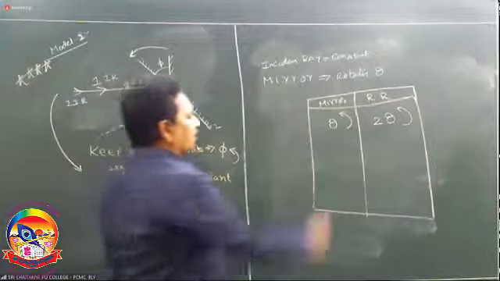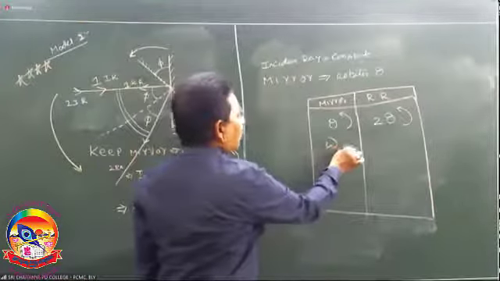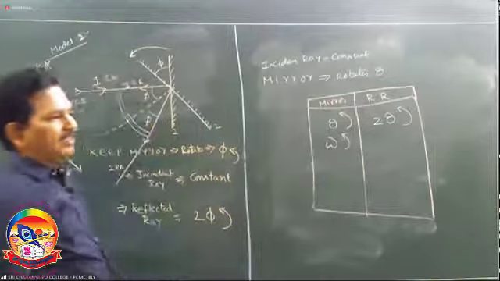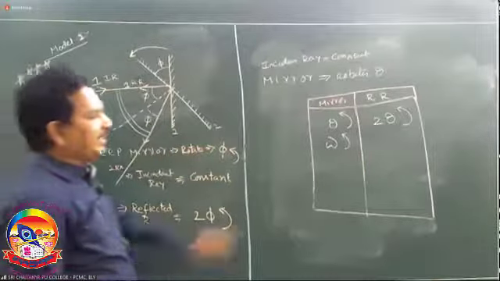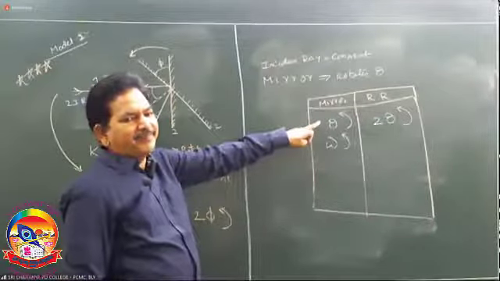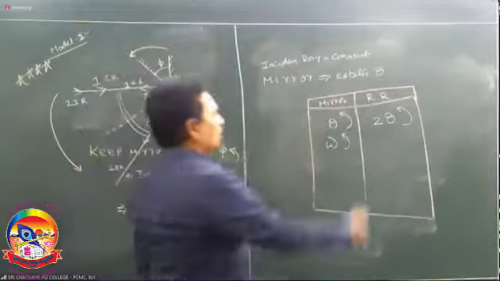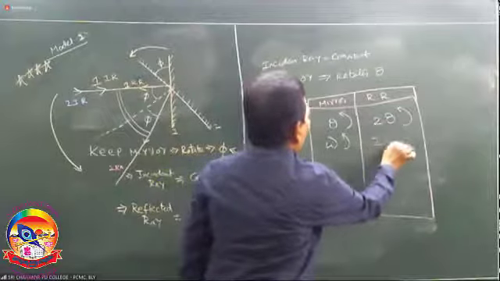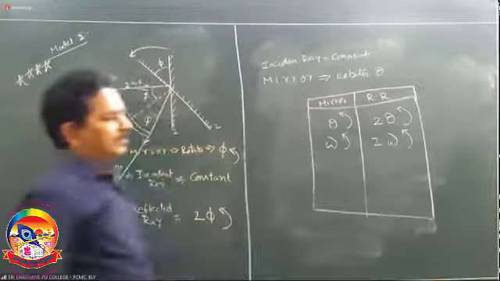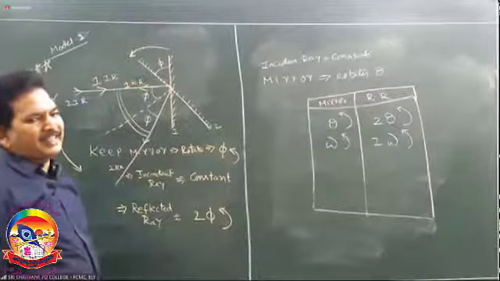If the mirror rotates with angular velocity omega, what is the relation between theta and omega? Omega is equal to d theta by dt. So the reflected ray rotates with 2 omega. Four problems at a time.